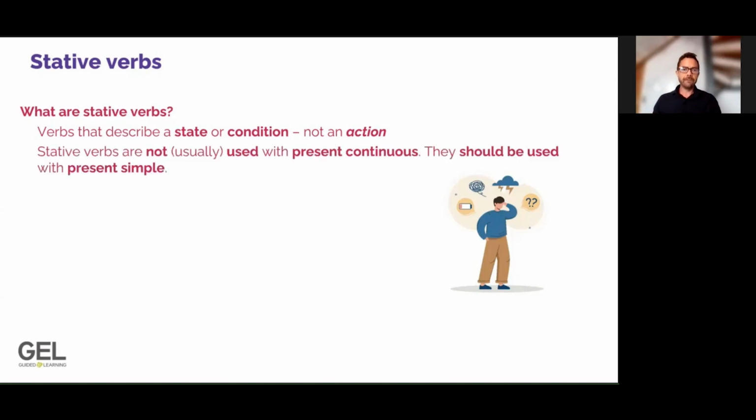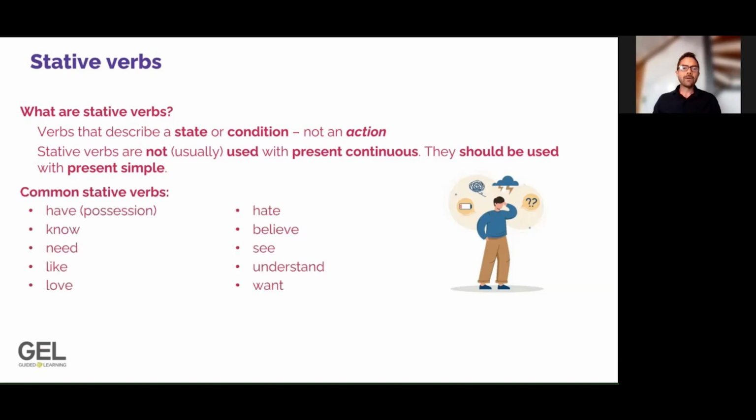With stative verbs, we do not usually use these with present continuous. It is not correct normally to use a state verb in the continuous form with the ing, and we use these verbs with present simple. Now let's look at a few examples of some very common stative verbs.